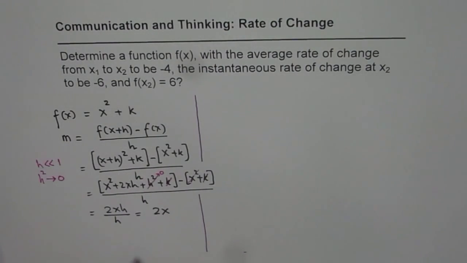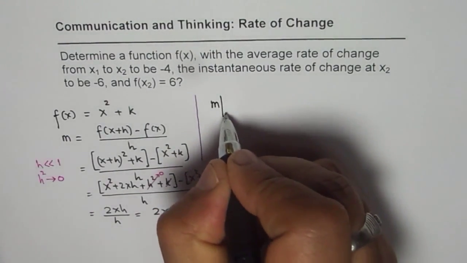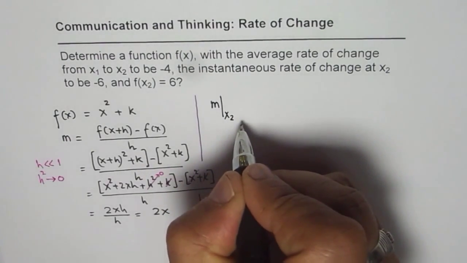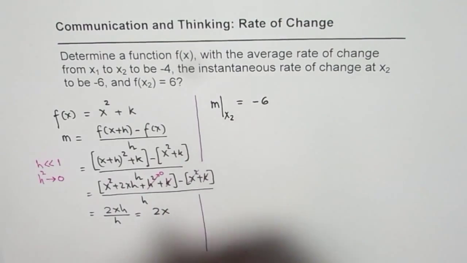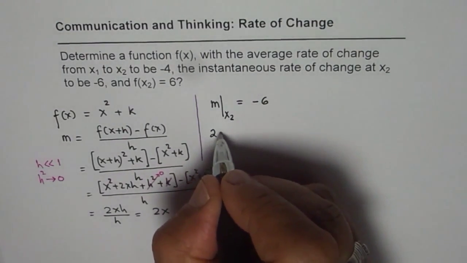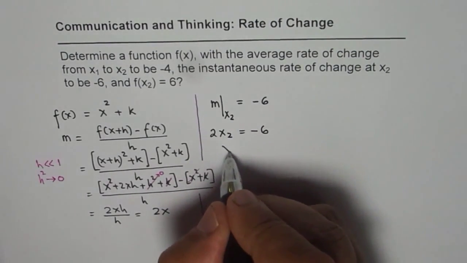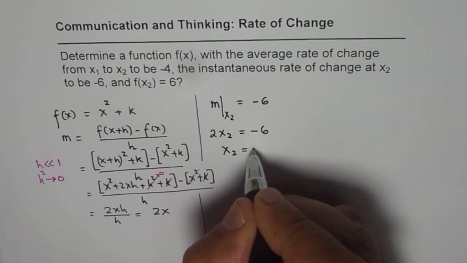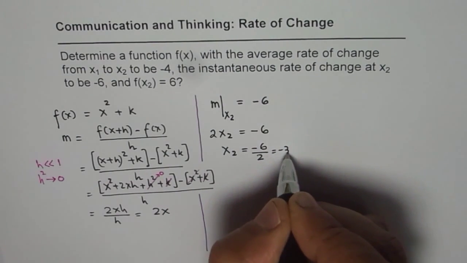So let us find that point x2. The slope m at point x2 is equal to minus 6. Now the slope is 2x. That means 2 times x2 equals minus 6, and that gives us the point x2 as minus 6 divided by 2, which is minus 3.